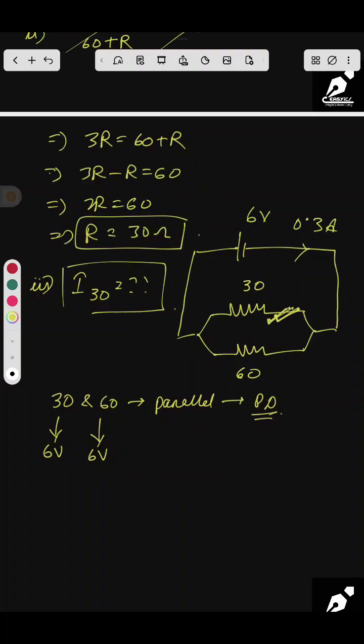Both the resistors will have potential of 6 volt. So what will be the current through the 30 ohm resistance? We have to find out. And what is the current through the 60 ohm resistance?